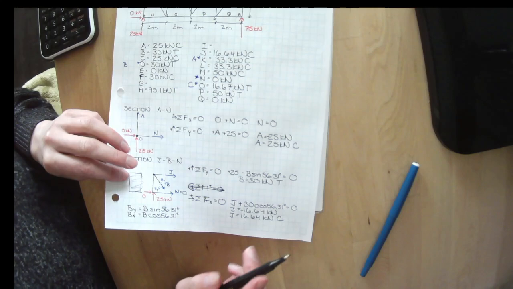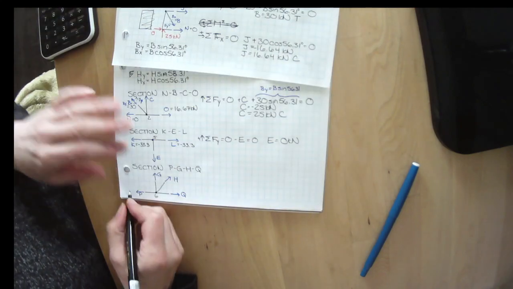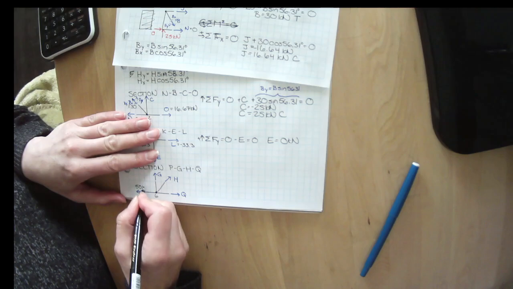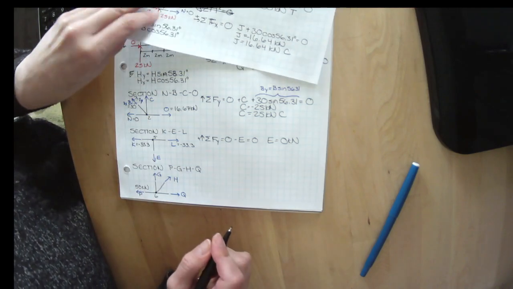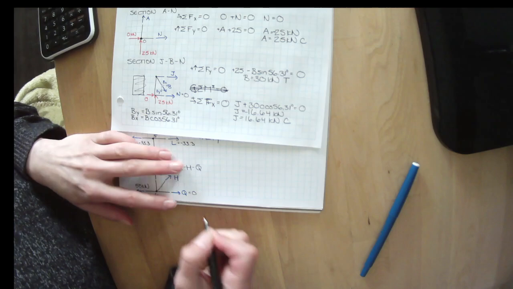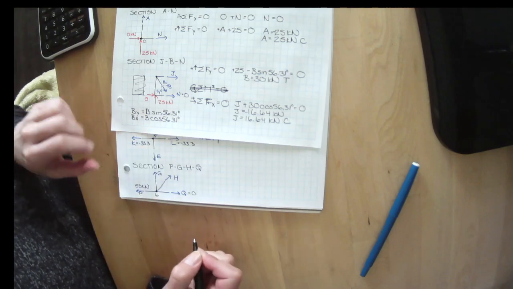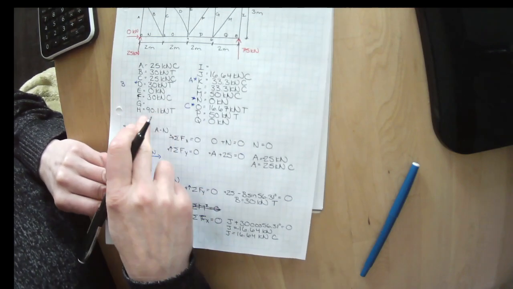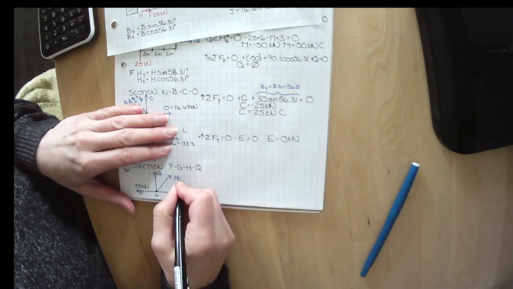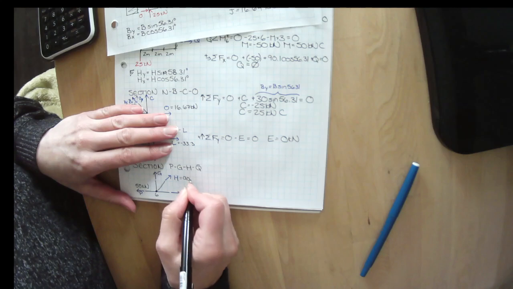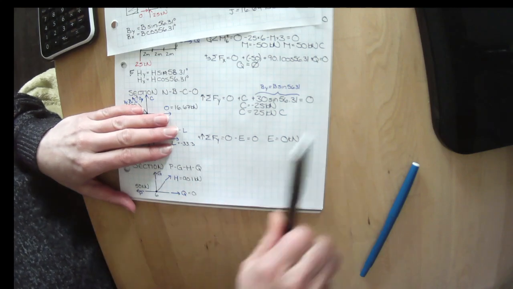Well, we know P is 50 kilonewtons in tension. And we've drawn it in tension, so that works out nice. Q equals 0. H equals 90.1 kilonewtons in tension.